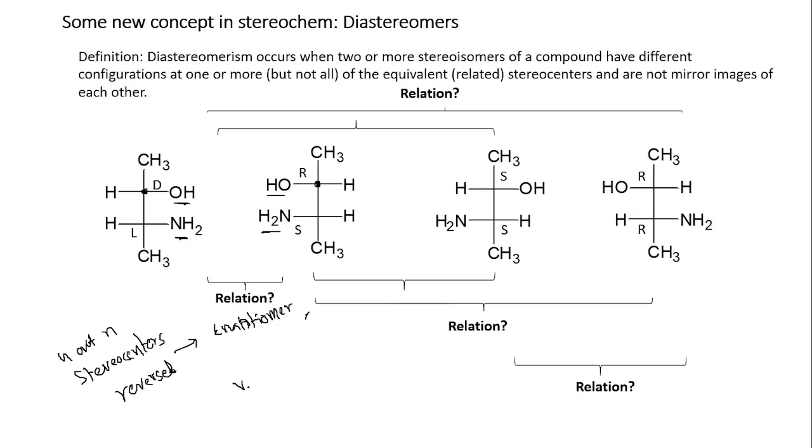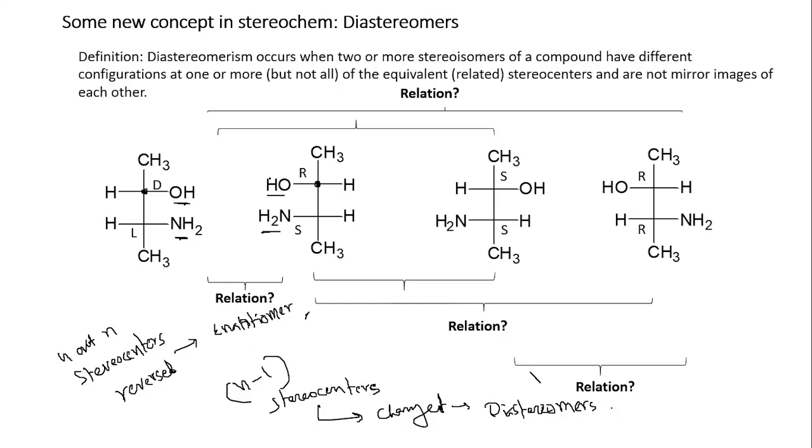But let's say even up to N minus 1 stereocenters are changed, that leads to diastereomers. So for example, let's look at this molecule and the last molecule.